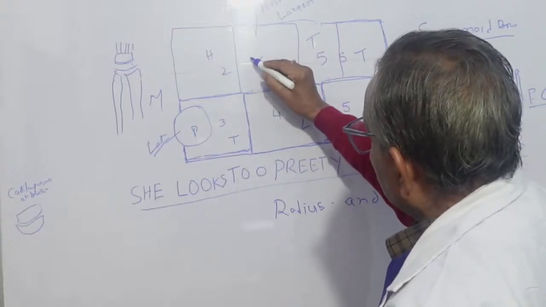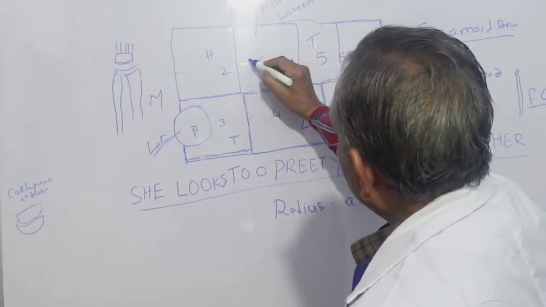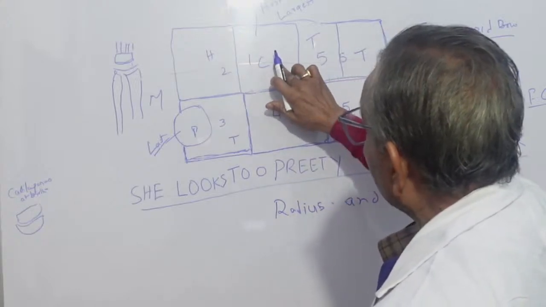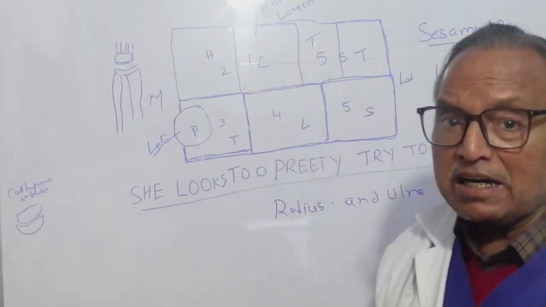Then it is easy to remember that hamate and capitate start developing in intrauterine life.